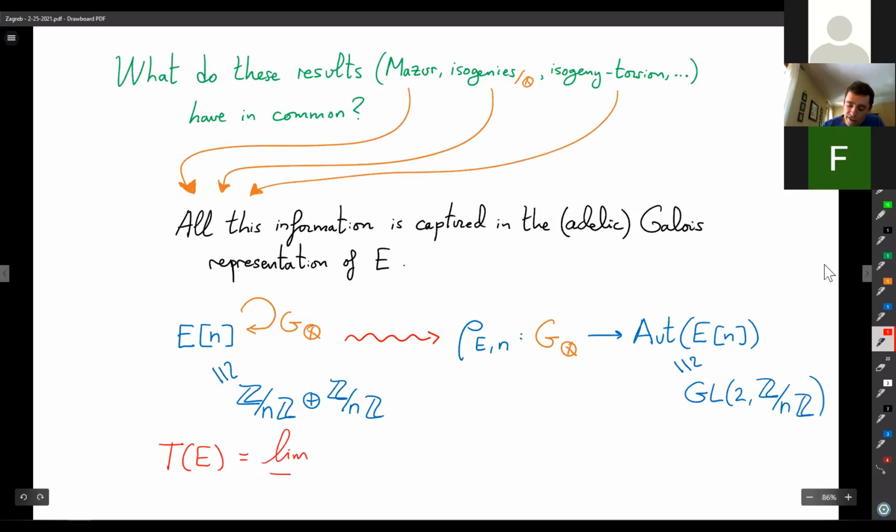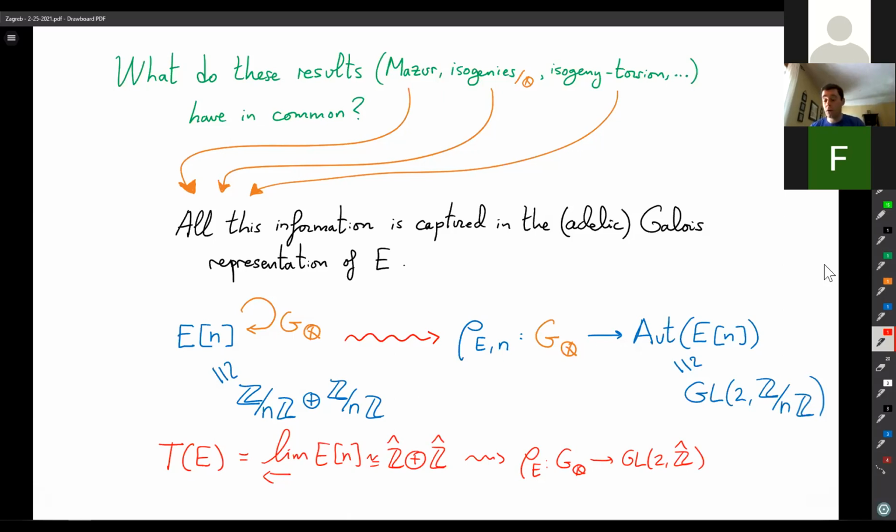I'm going to do an inverse limit of all N torsion subgroups, and that's going to give me something that is isomorphic to 2 copies of Z hat, the inverse limit of Z mod N, and that is going to induce a representation from G_Q to GL2 of Z hat, which actually encodes all the possible rho_{E,N}, all of them in one package. Okay, so this is what we're going to do later, but for now, let's just look at the information modulo N.